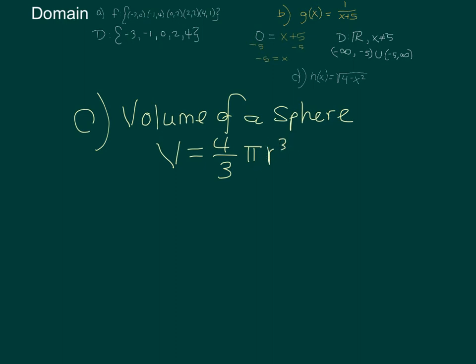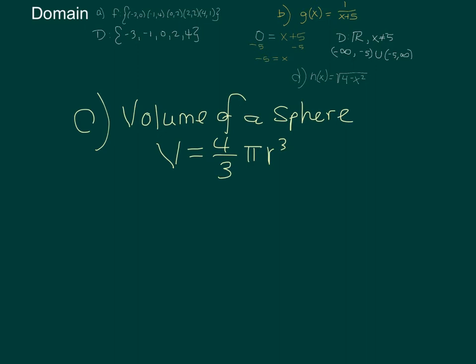When you're measuring a sphere, it doesn't make sense to have negative measurements, right? I can't be -3 feet tall. So the numbers that I want to plug into r have to be greater than 0 in order for this formula to make sense situationally. I don't have to do any calculations for this one.